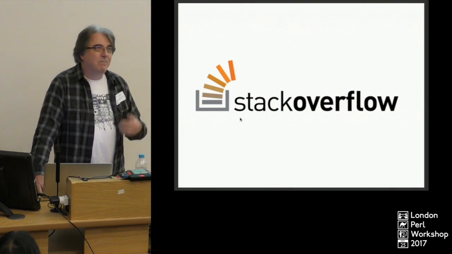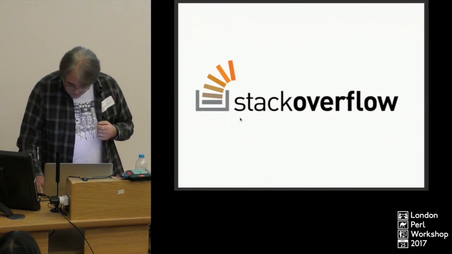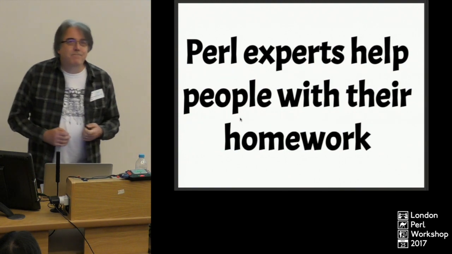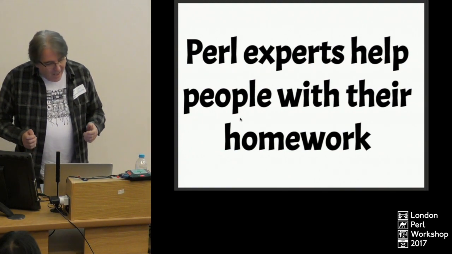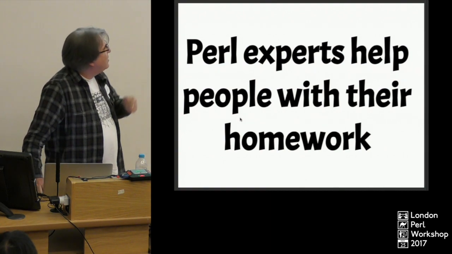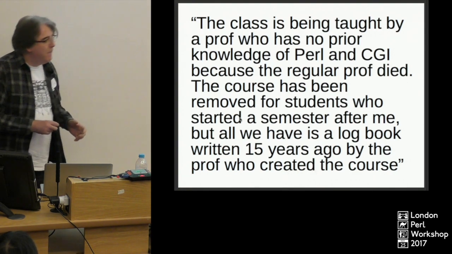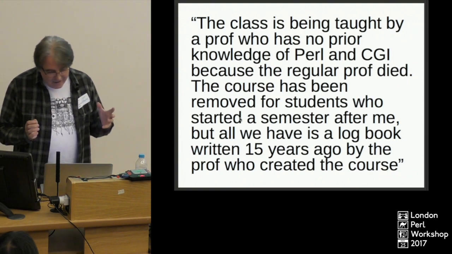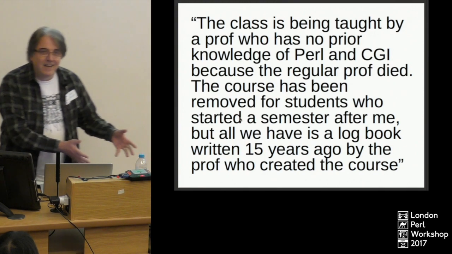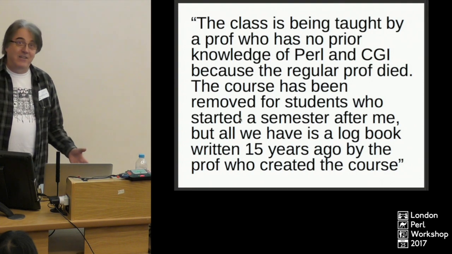So Stack Overflow is where I do most of my outreach beyond the echo chamber these days. Stack Overflow, or as I like to call it, and there's a quote that I've cut and pasted from a question that came up there about 6 weeks ago. So 15 years ago, someone set this course, died, and then they're carrying on the course just with this logbook that nobody understands.